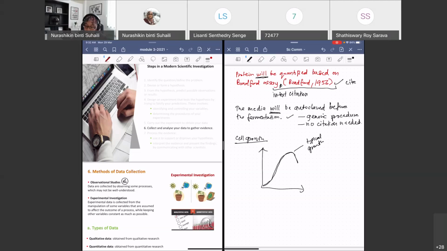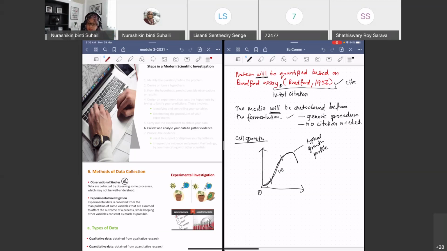Typical growth profile, meaning that from 0 hour, it will have some time for the lag phase. The cells are adapting to the environment, to the substrate, okay? And after some time, it starts to accelerate, right? That is where it's the log phase. And it starts to slow down and finally decline, okay?